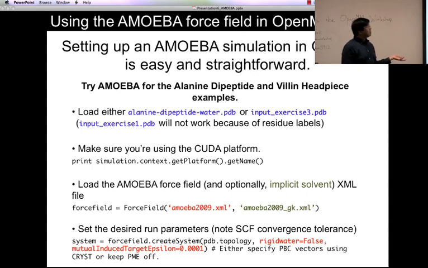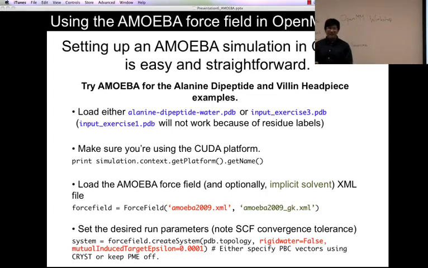So that basically concludes this presentation. Feel free to try this exercise out. When you run the simulation, what you're going to see is that the potential energy is going to be different, and the simulation is going to take longer. But it's not going to jump out at you as being different, is what I mean, right?